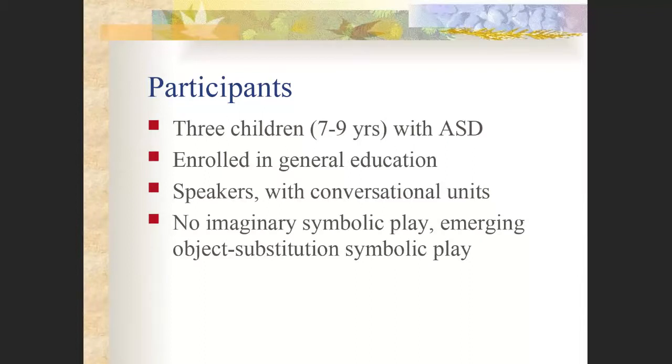Okay, 3 children were enrolled in general education, and they could maintain more conversation compared to the previous study. They could answer questions, but they don't continue the conversation. But these kids, after answering the questions, they can ask questions. So they are more advanced compared to the kids in the previous study, but they still do not have symbolic play skills.